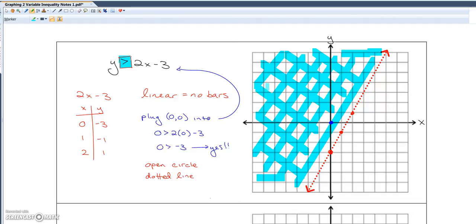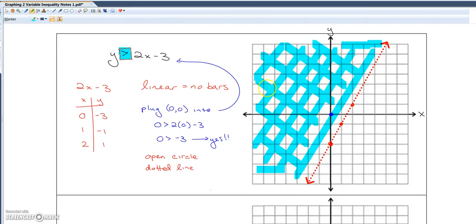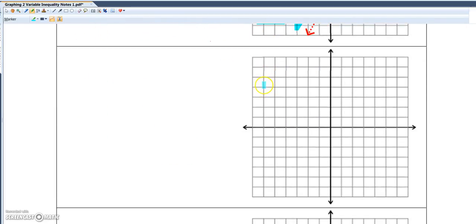Okay, let's try the next one. The equation I want to use this time is that y is less than or equal to 1/2 of x minus 2. If you feel comfortable, graph the line. If you don't feel comfortable, wait for my T-chart.